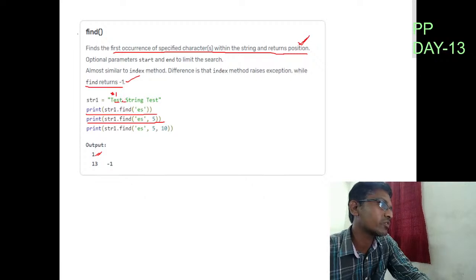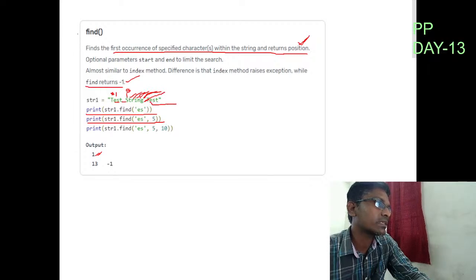So index number 4 stores a space, and index number 5 starts with the S. Then index 6 T, index 7 R, index 8 I, index 9 N, index 10 G, index 11 is a space, and index 12 is a capital T, and index 13 is E.